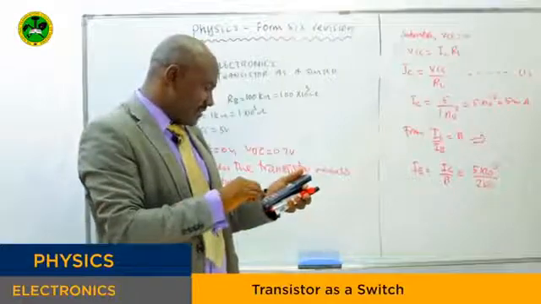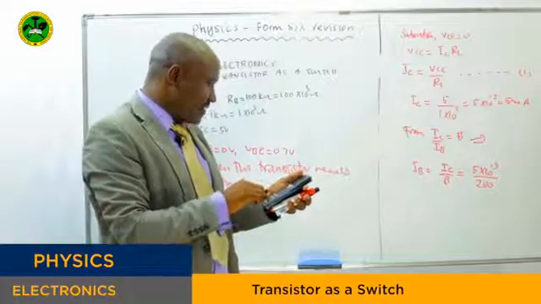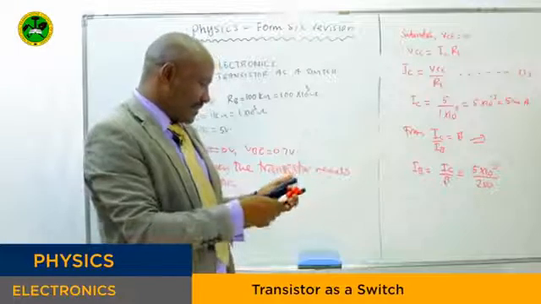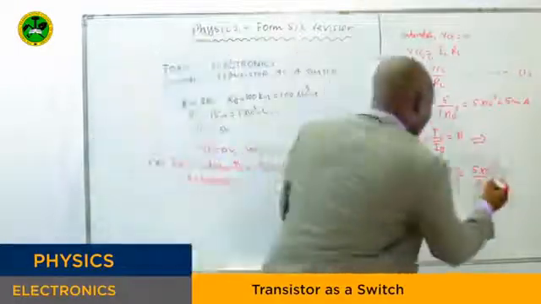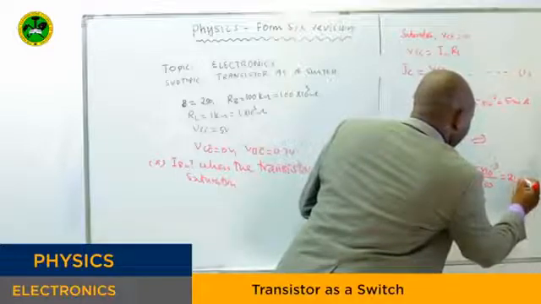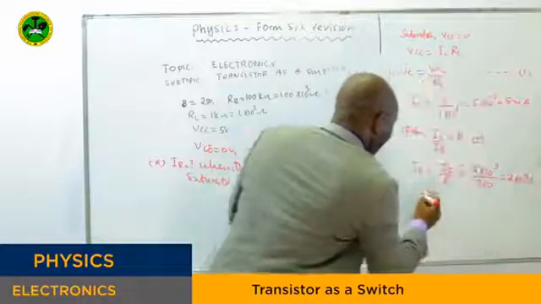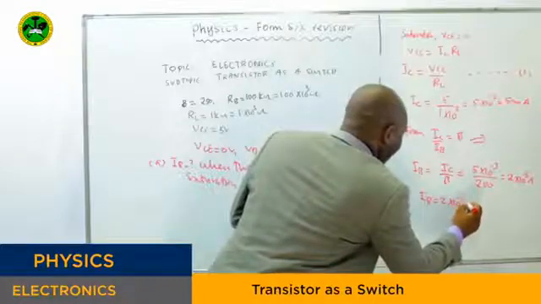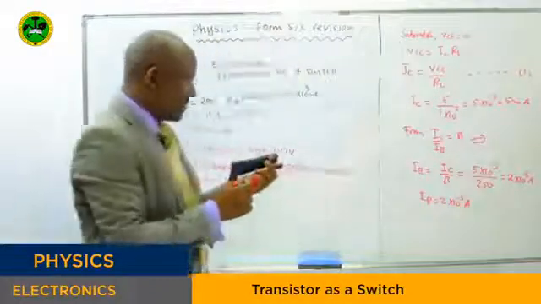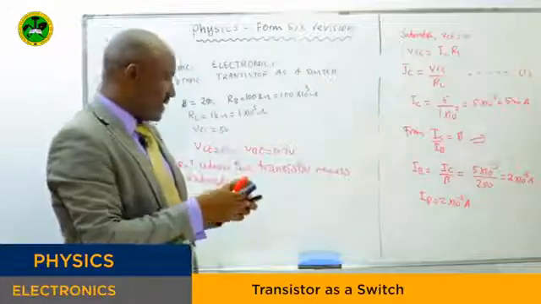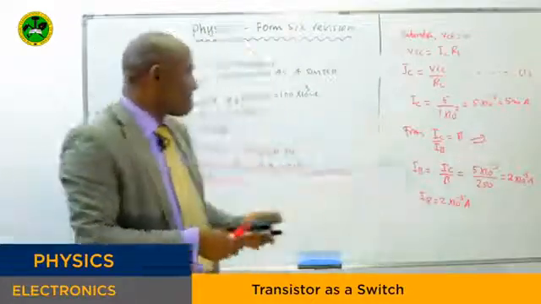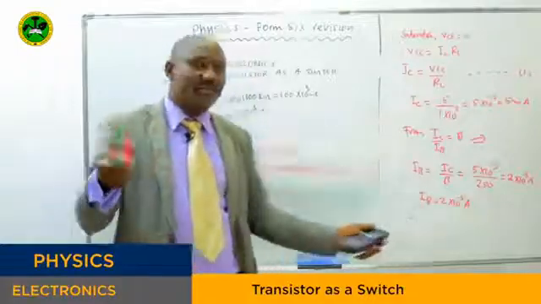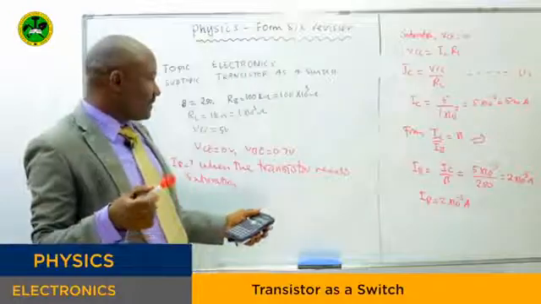So 5 e power negative 3 divided by 250. You get 2 times 10 negative 5 ampere. So the base current equals 2 times 10 negative 5 ampere. If you divide correctly, you get that value. So this is the minimum base current at which the transistor will start to saturate.